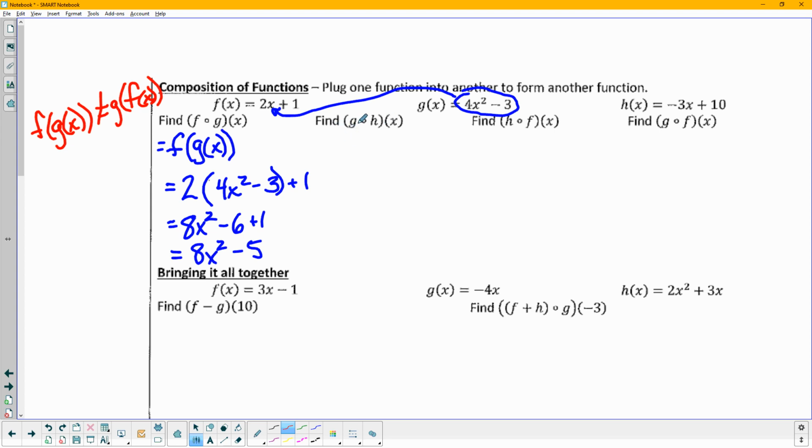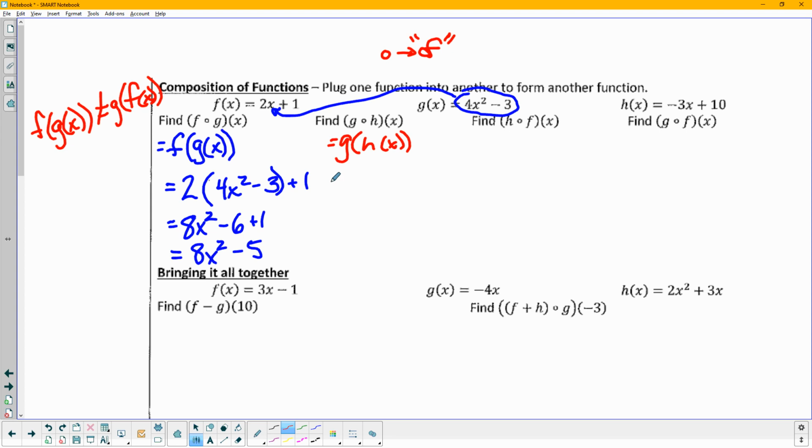Again, it is helpful to think of the composition symbol, which is just a small open circle, as the word of, meaning that this says g of h of x.